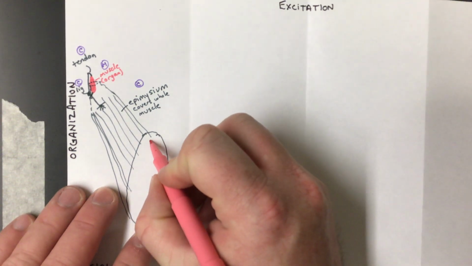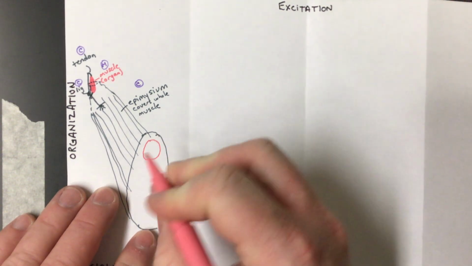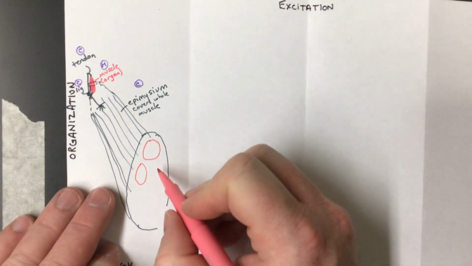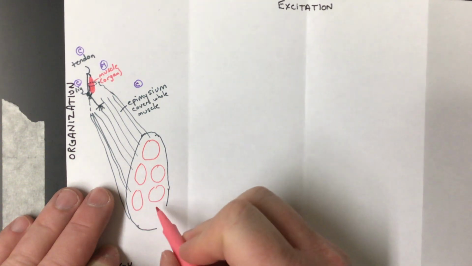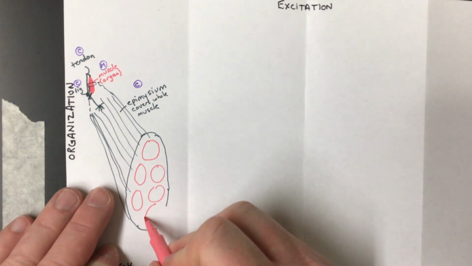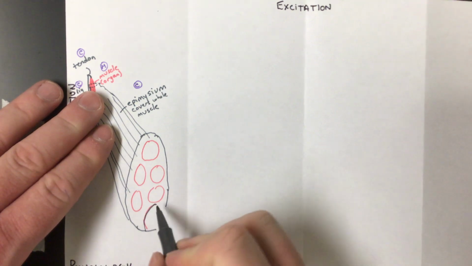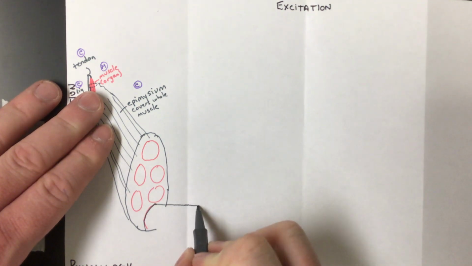So on our muscle cross section, we are going to draw some circles here. And we're going to draw one that's kind of coming out. So this one is pulled out.